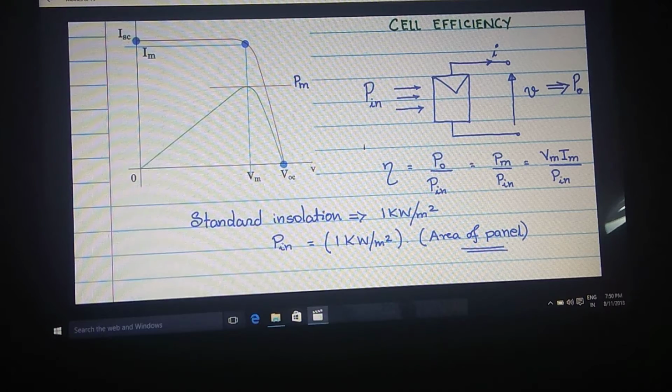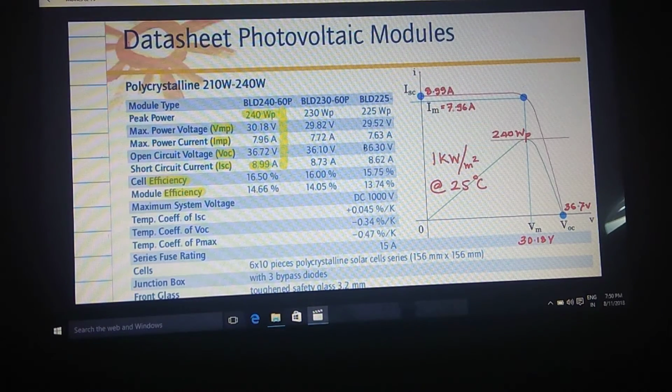Go back to the data sheet. Look at this row, the cells. There are 6 into 10 pieces, so the polycrystalline cell, which means 60 cells, and each cell having this area as indicated, 0.156 meter into 0.156 meter.